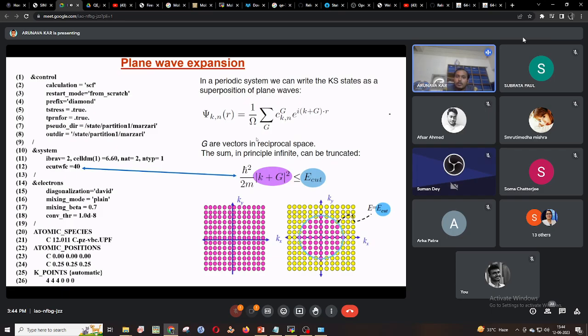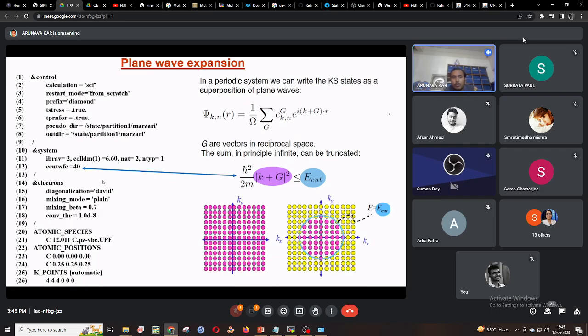If you want to do something 100% exact, then you need to increase ecutwfc from 40 to nearly 1000. But this takes a lot of computational time, so it will not be efficient for the system to run.